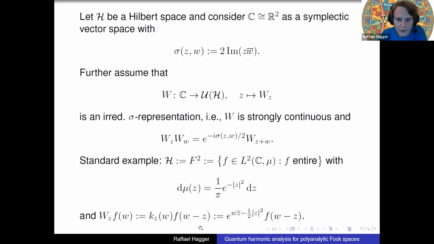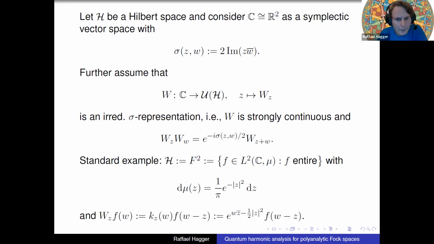They are just shifting the function, and then you have to account for the measure. And then you have an additional factor here to make this unitary. These are the normalized reproducing kernels of this Hilbert space. And it can be written explicitly as this exponential. So that's the standard example. You can check easily that everything here is satisfied.